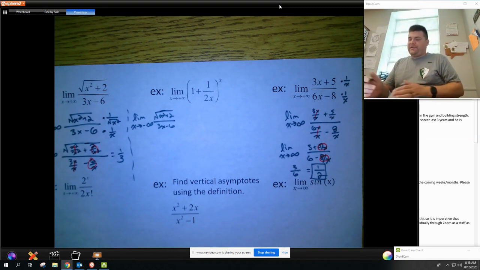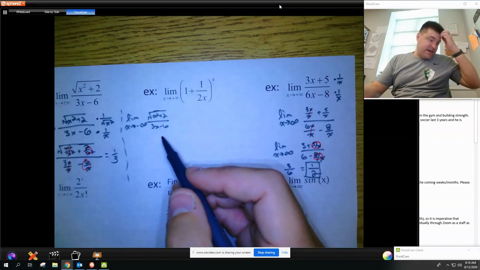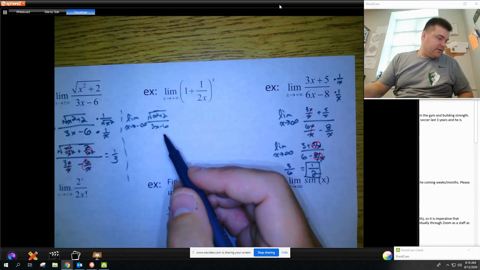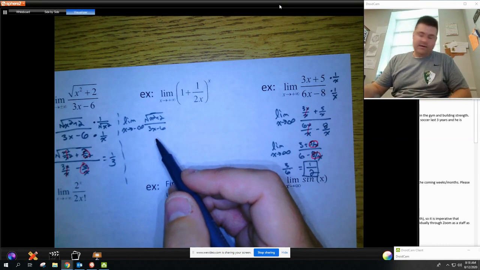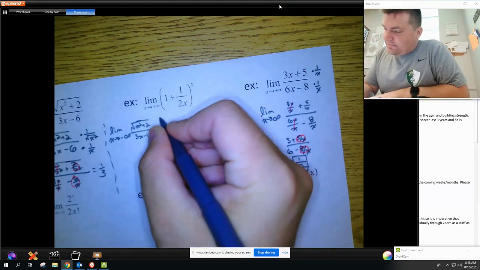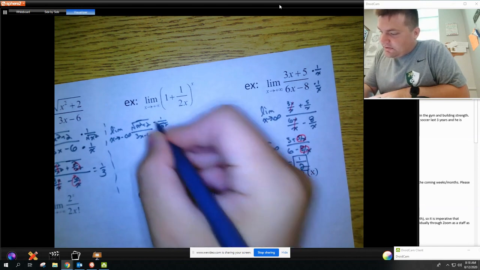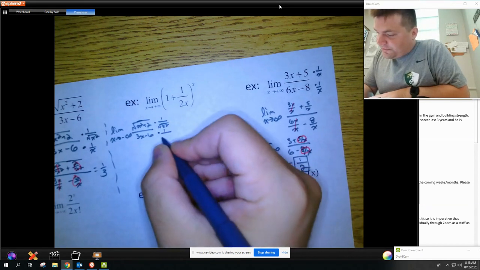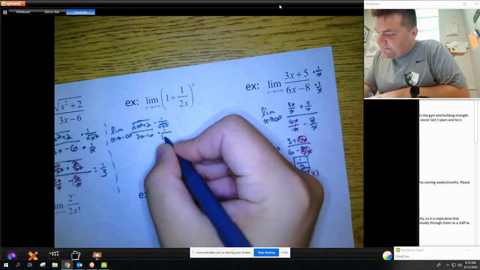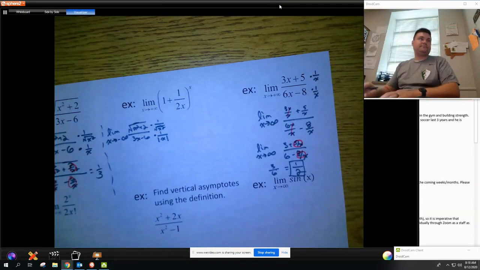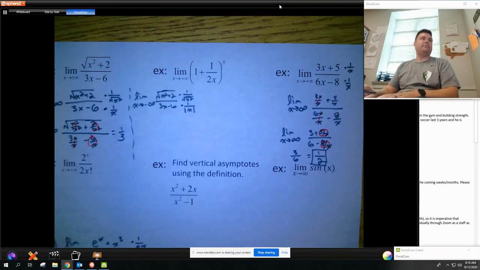So, for instance, when I start looking at this x right here, I'm actually multiplying by 1 over root x squared and 1 over absolute value of x. Where'd that come from?